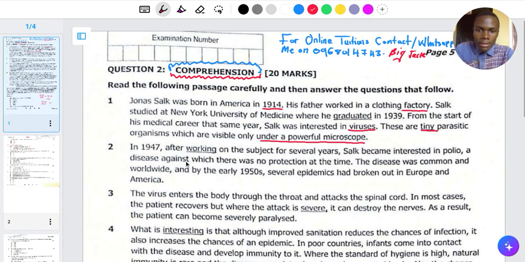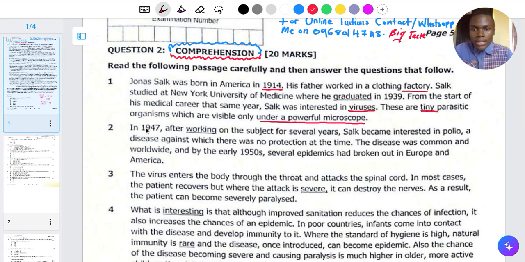In paragraph 2, it is saying, in 1947, after working on the subject for several years, Salk became interested in polio, a disease against which there was no protection at the time. The disease was common and worldwide. And in the early 1950s, several epidemics had broken out in Europe and America.